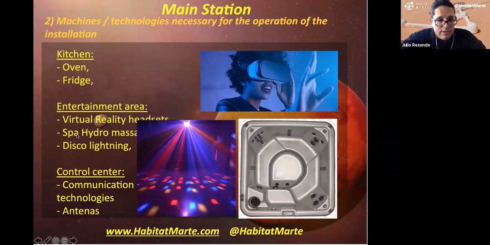Also, in the entertainment area, a spa hydro massage or disco lighting, or he or she would be watching a movie, something like this. In the control center, we need the communication technologies, antennas for the communication with Earth.